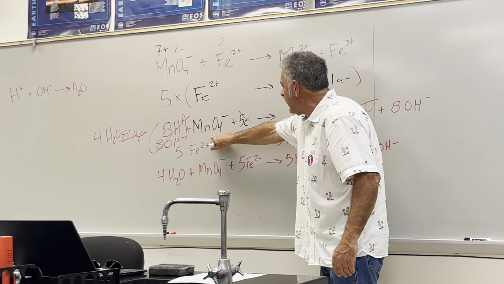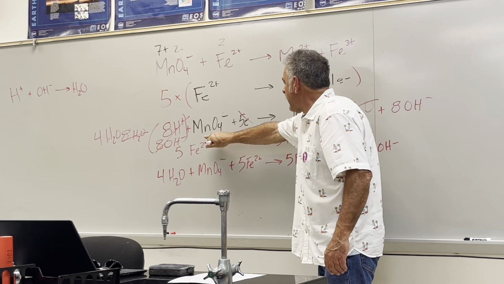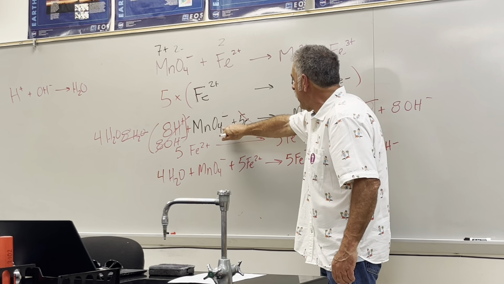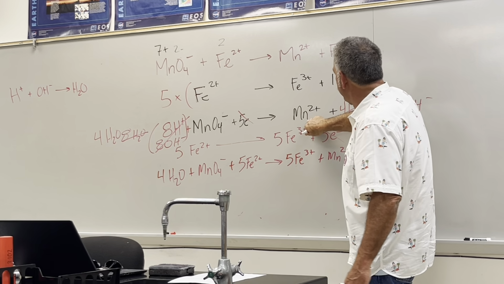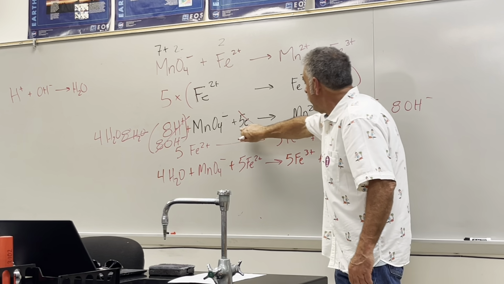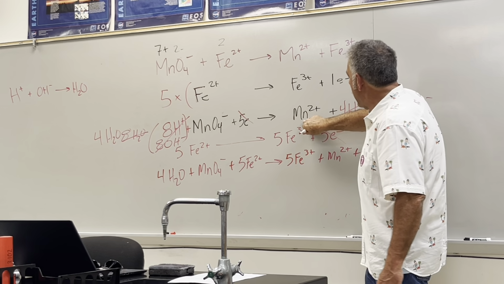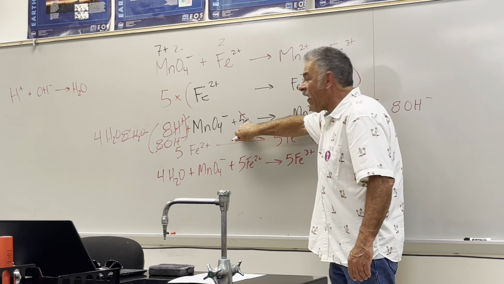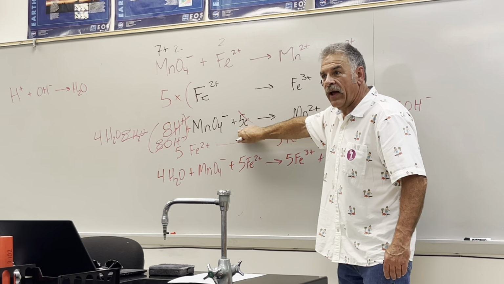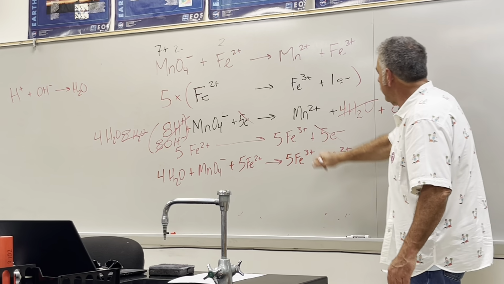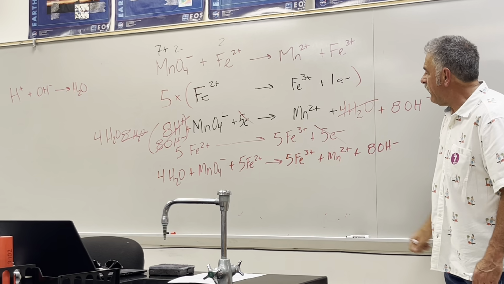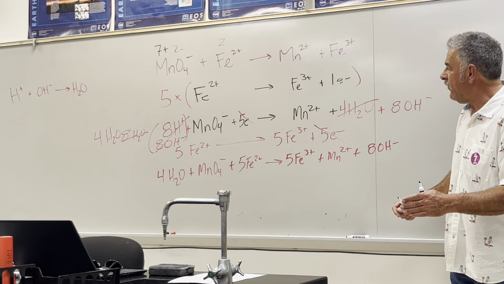So we go to permanganate, a manganese-containing compound, and we say, oh, that's -1. To get from manganese 7 to manganese +2, we add 5 electrons, right? And since we're adding electrons, they go on the reactant side, and we end up with Mn2+. So those are our two half reactions.